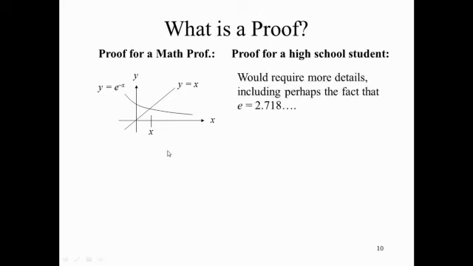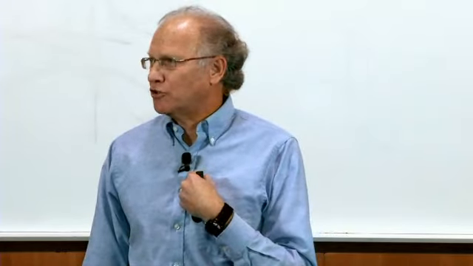For example, some of you did not know perhaps that e is equal to 2.718, so that's part of what I have to explain in my proof. And I have to put in enough details for this to be a convincing argument for you. And this is why it's important to know who are you trying to convince. As a general guideline, when you write proofs, you should write a proof not to convince your teacher. Your teacher already knows that this statement is true.